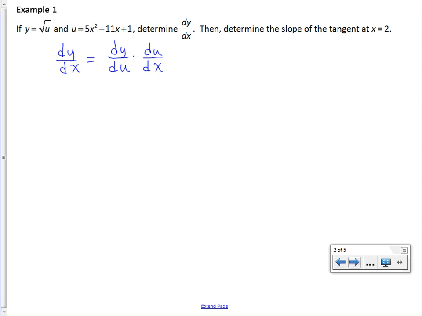Okay, now for this scenario, this is what I like to do, and I think it's the easiest way. I would like to put dy by du into a set of brackets here, and I like to put du by dx into a set of brackets there. I just want to put the final dy by du and du by dx into these square brackets.